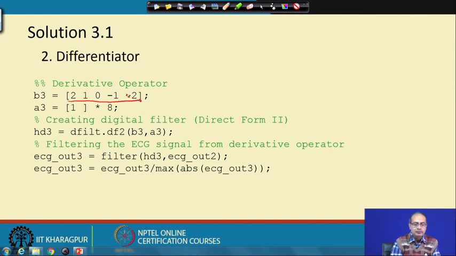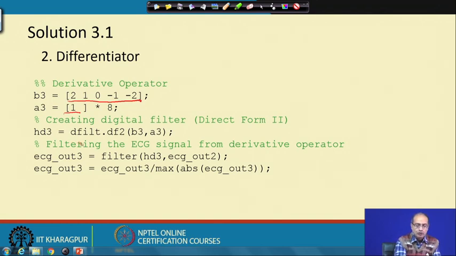Along with the derivative it does some averaging to take care of the high frequency noise, to make sure that very high frequency noise is not accentuated. And we have a scaling function, 1 by 8, that we have introduced in the denominator.